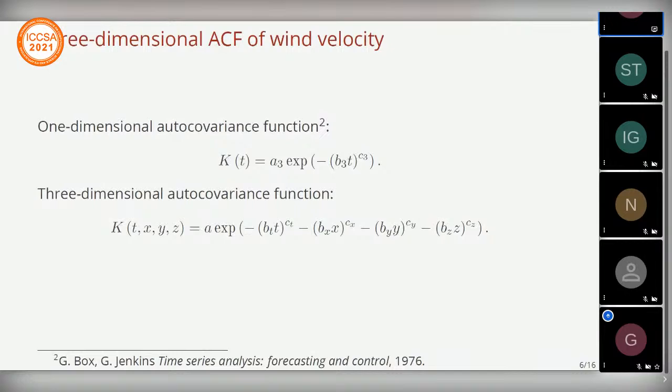This is our autocovariance function, and here A, B, and C are parameters of our shape, but as we need a 3-dimensional version of our function, and one of the axes is time also, we just multiply them and get this 3-dimensional function.